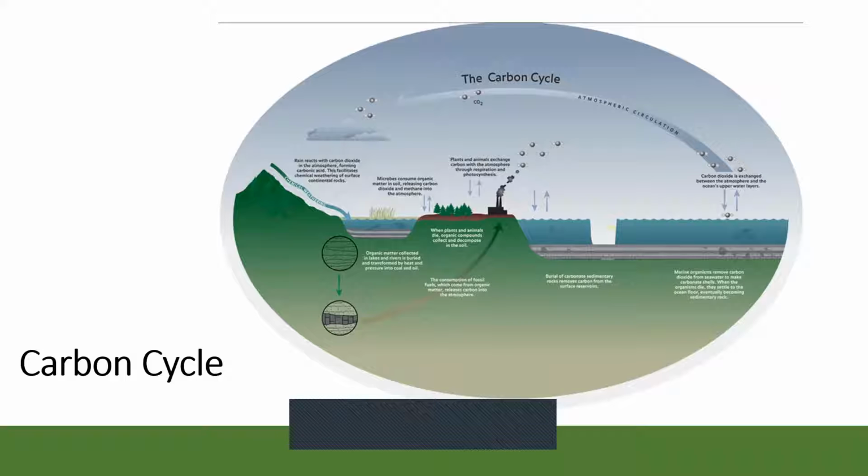As water falls on land, it erodes the rock surfaces. That releases carbon from the rock system and puts it into the water system. So there are interactions between the water cycle and the carbon cycle.